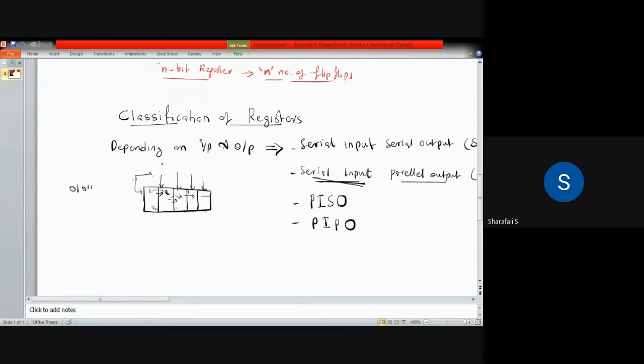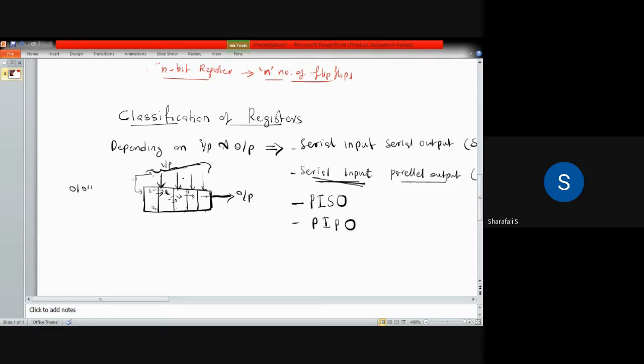All these are inputs, and you are considering output from here. You are taking output from the last flip-flop. So you are providing input parallelly and taking output serially. That is called parallel input and serial output. This one, the third one.